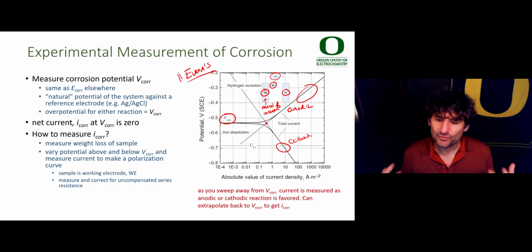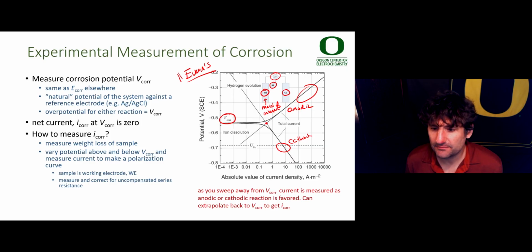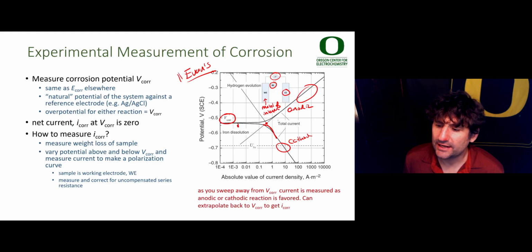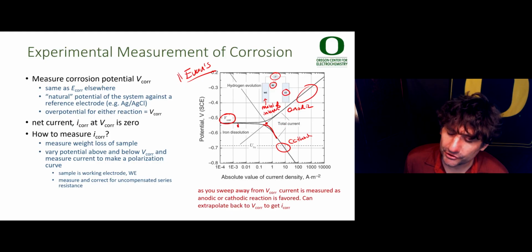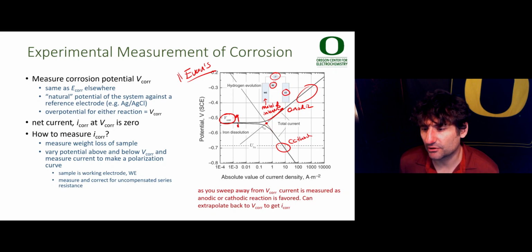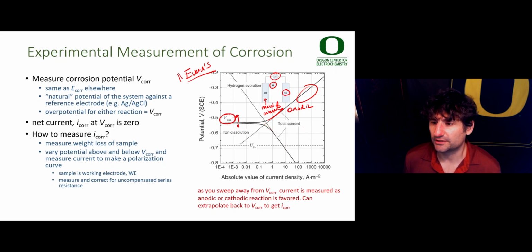Now, as we change that potential, if we make the potential of our working electrode a little more negative, we're going to start making hydrogen on that electrode, and the rate of the anodic process is going to go down. Alternatively, if we sweep the potential more positive, we're going to increase the rate of the anodic process, and the hydrogen evolution cathodic process rate will decrease.